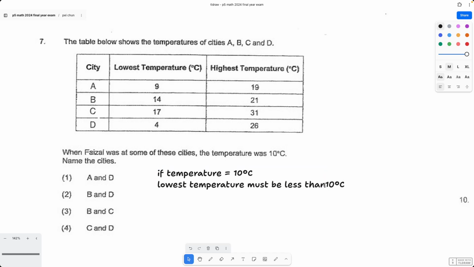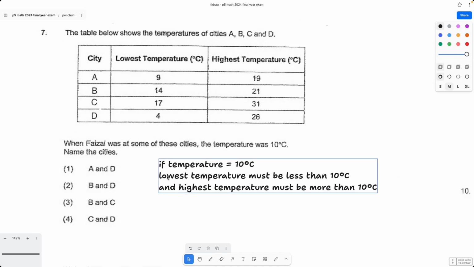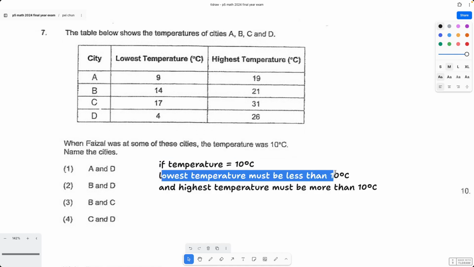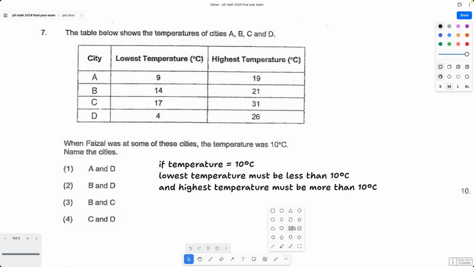all right? And highest temperature must be more than 10 degrees as well. Okay, so in this case, lowest temperature must be less than 10 degrees. So this is lower than 10 degrees.